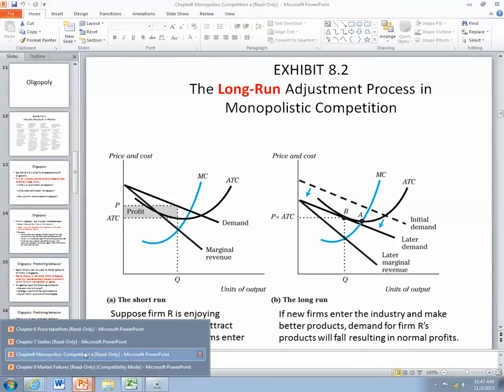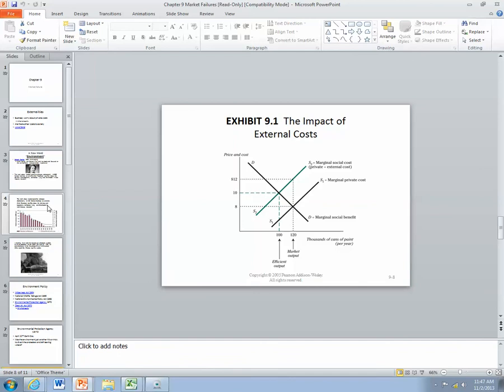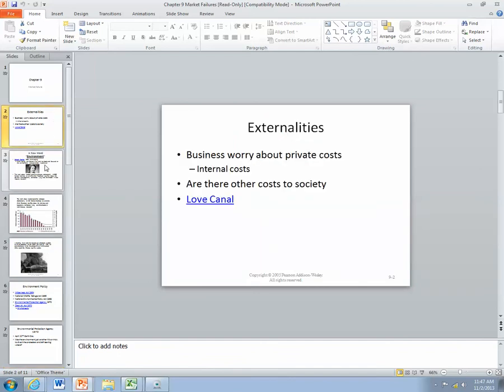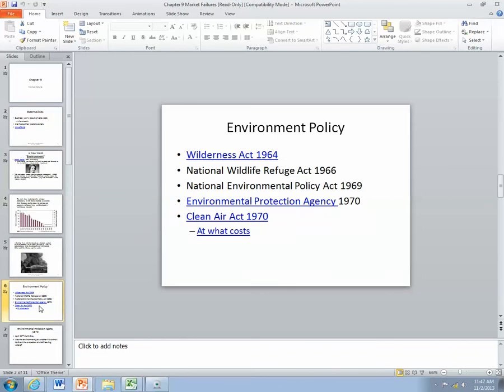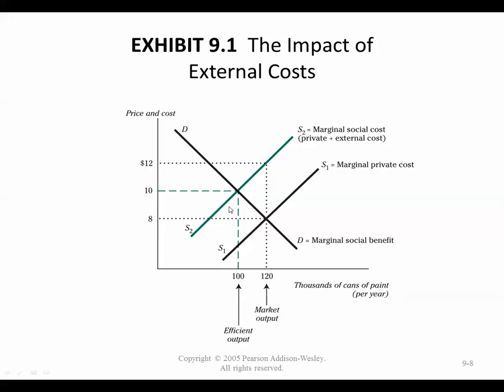And then what? Chapter 9. This is the one that talks about externalities, right? Understand what an externality is. There's positive and negative externalities. Look at the textbook. Again, this is an example of, like I said, the government putting pollution controls on leaded gasoline, again, coal-fired plants.